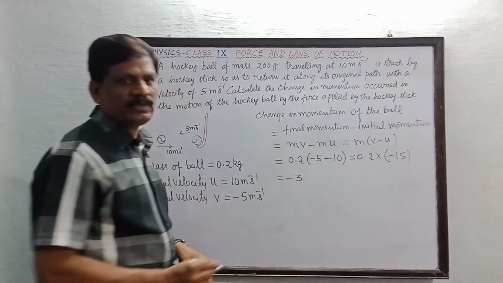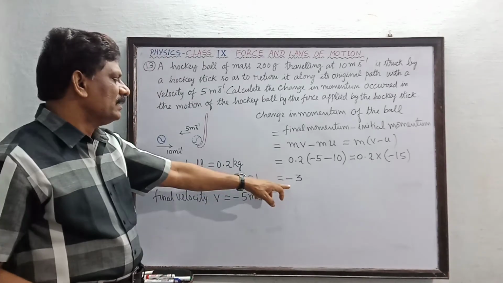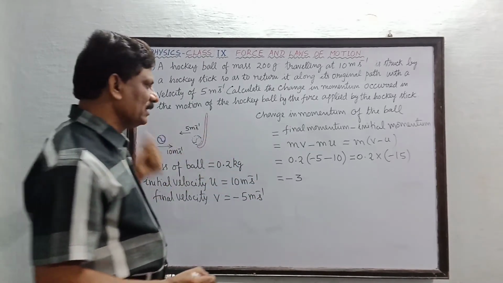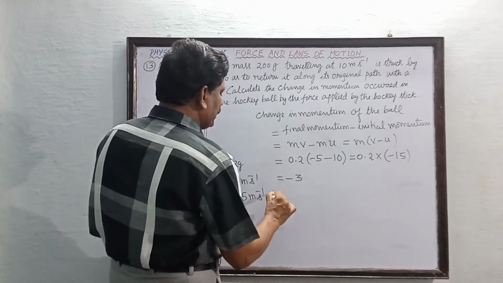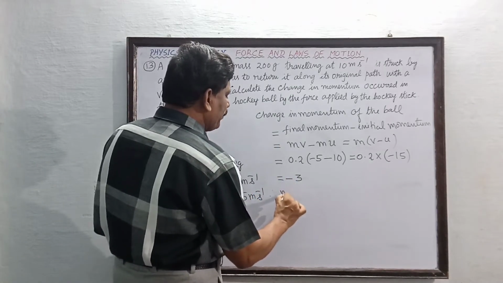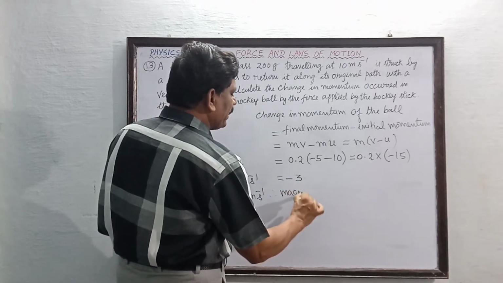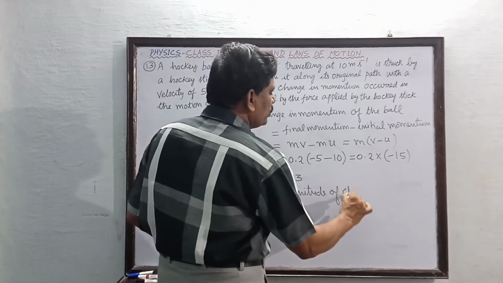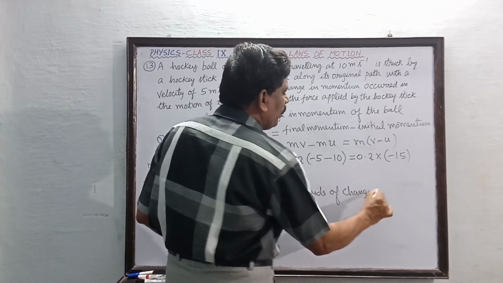So this is the actual change in momentum, is it not? So the change in momentum is occurring in the negative x direction. Anyhow, we can write the magnitude of the change in momentum, irrespective of the direction.